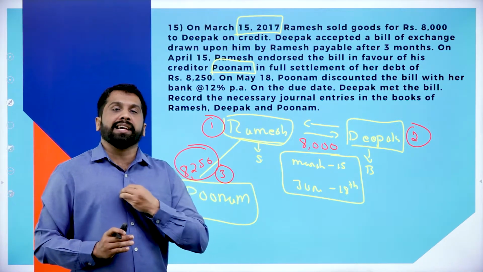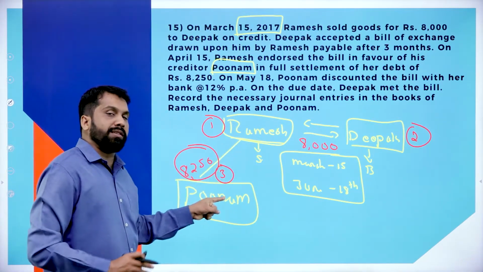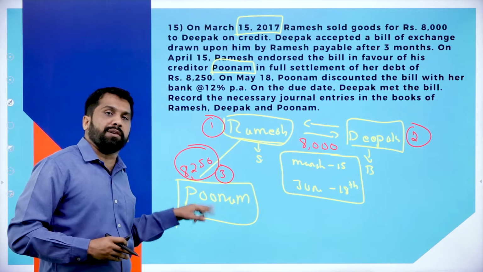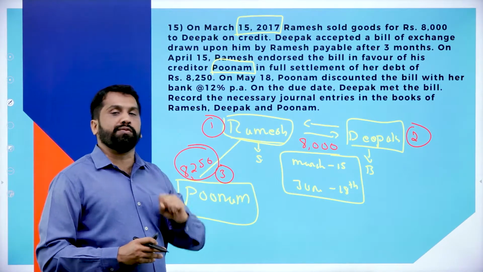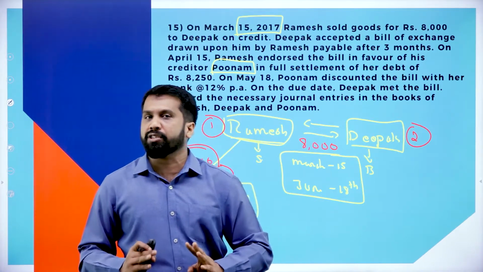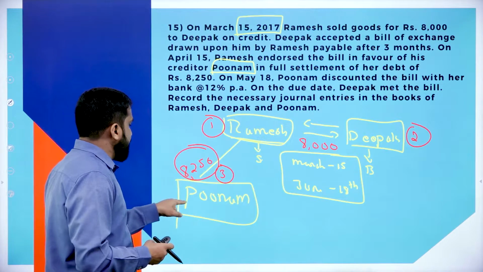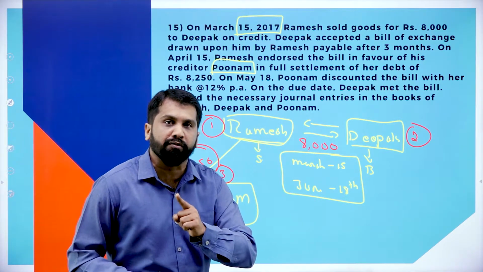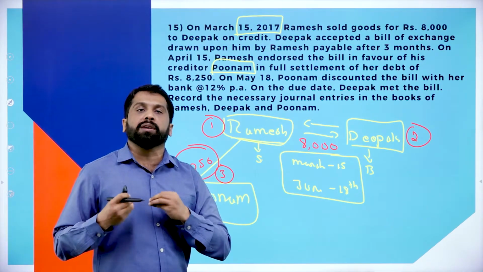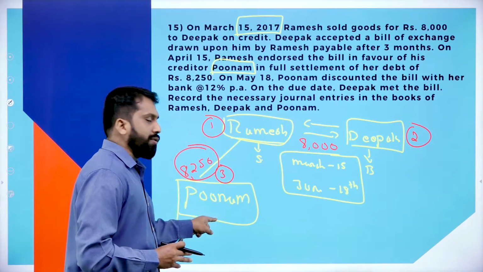Now, I cannot wait up to 3 months. And there is one more person I purchased from 3 months back, and I have to pay him 8,250. I don't have cash now. Again, I'll repeat: my seller is Poonam, and I have to pay 8,250. Right now, I don't have cash. So what I will do, I'll go to Poonam.